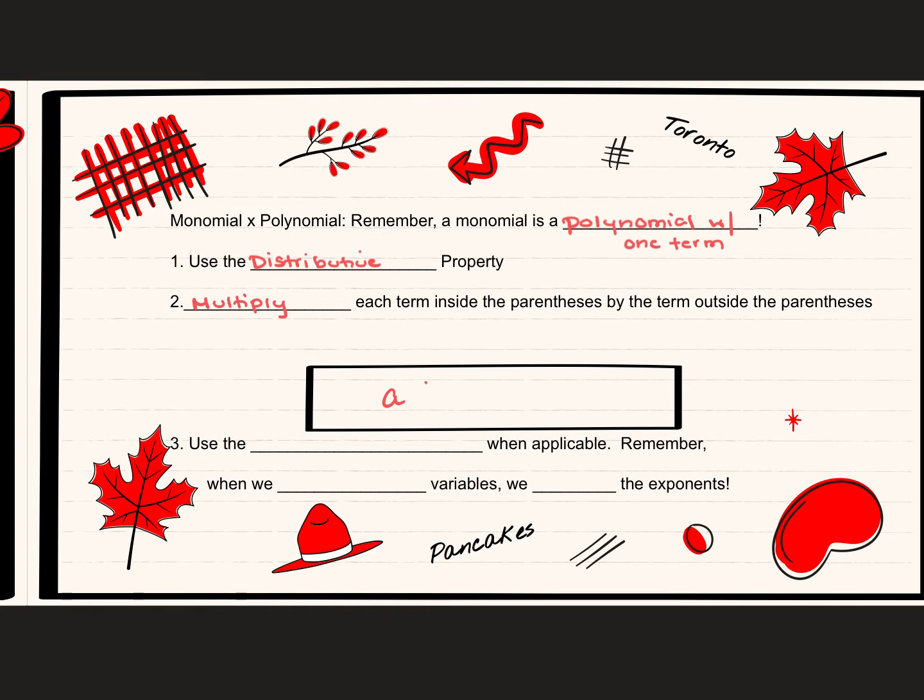So for example, if we have a times x plus 2, everything inside of the parentheses gets multiplied by a.